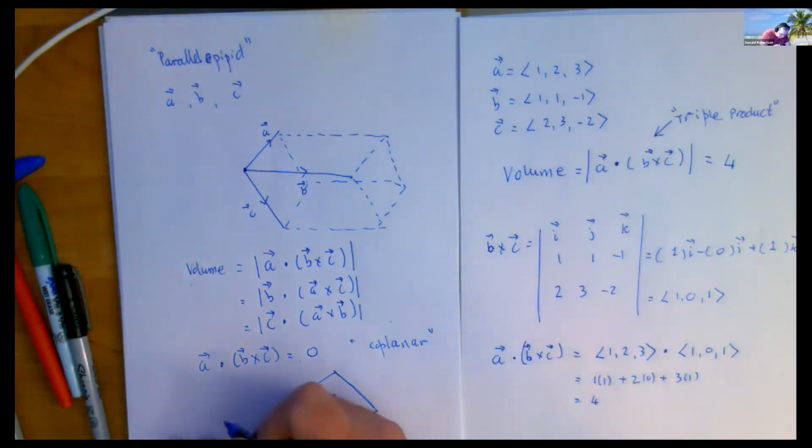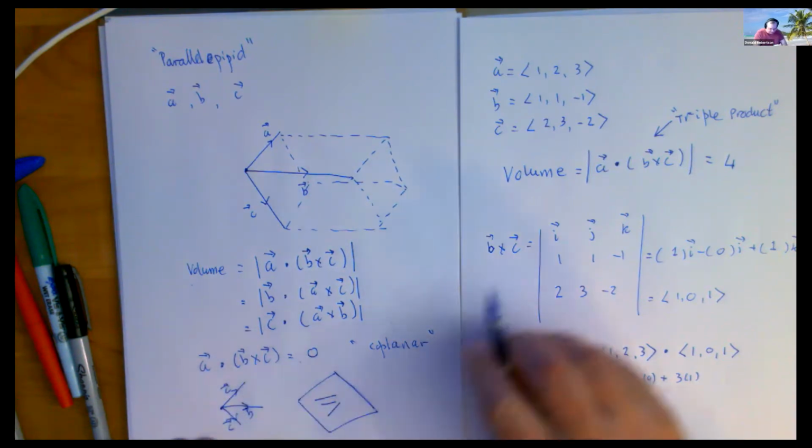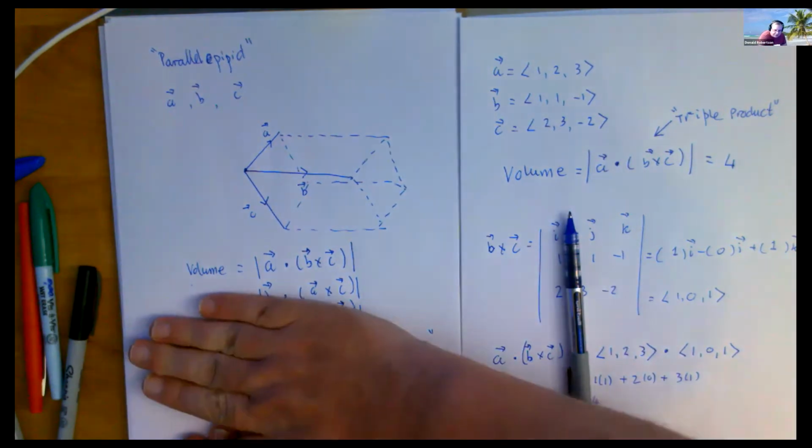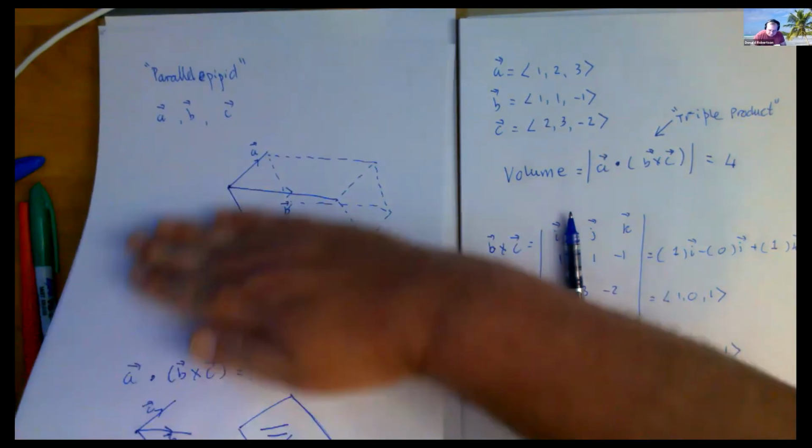So can you imagine you started at a point and you did A going this way, and you did B going this way, and you did C going this way? Those 3 vectors would be on this piece of paper. This piece of paper might be at an angle, but they're on this piece of paper.